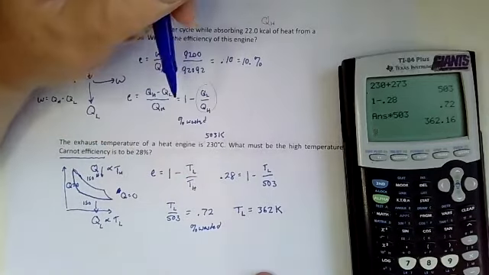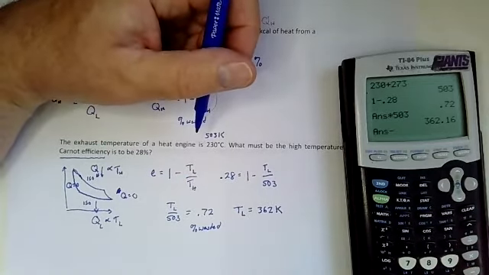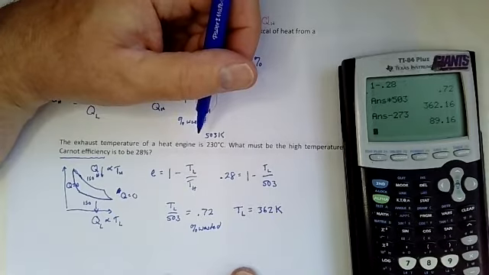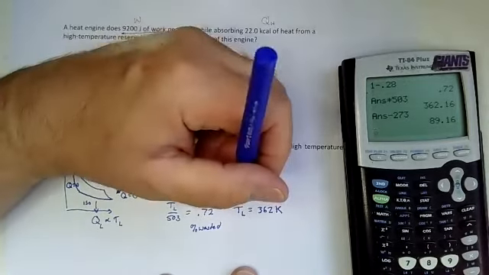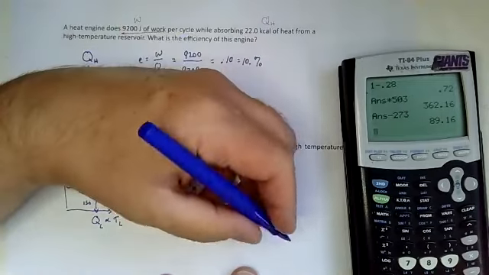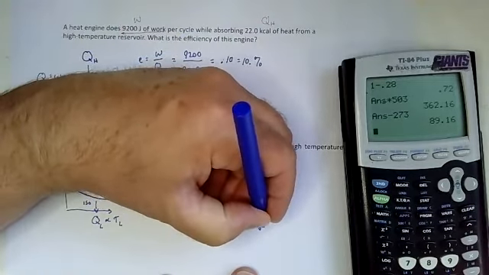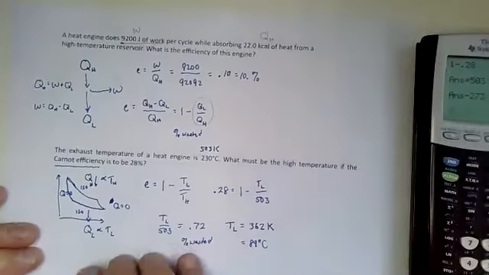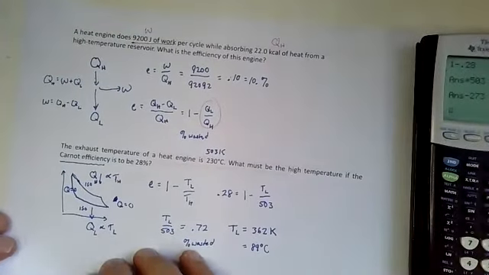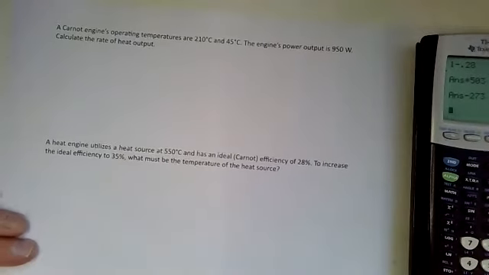So anyway, there we go. And you could subtract out 273 if you wanted, to get the answer in degrees C. So 89 degrees Celsius. Okay, let's just try a couple more, and I think you'll find this really helpful on the quiz.